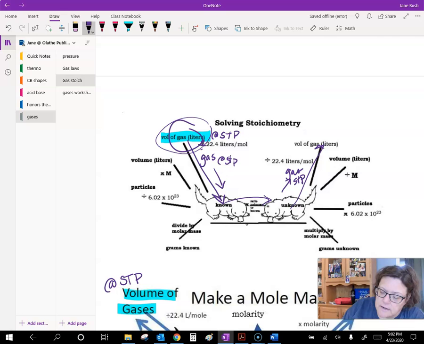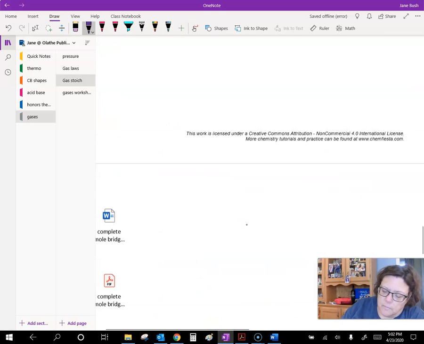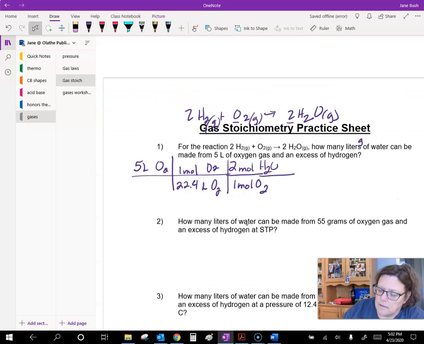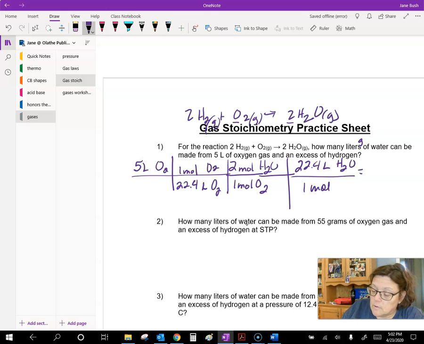This should be divided here, and this should be multiplied there. I'll make sure I get that fixed. So we're going to multiply by 22.4 liters of water for every 1 mole of water at STP. Okay, liters are what we're going to solve for. Moles cancels, those liters cancel.